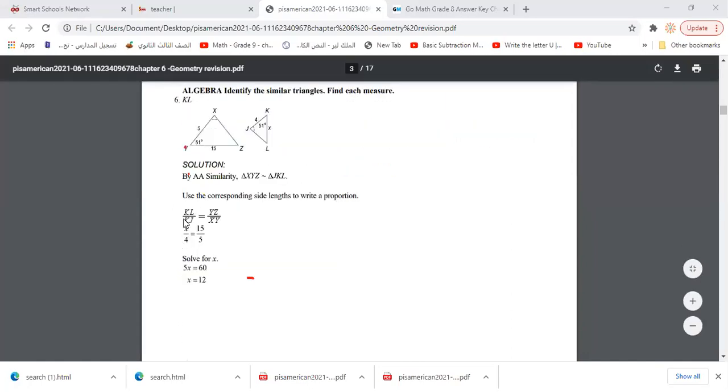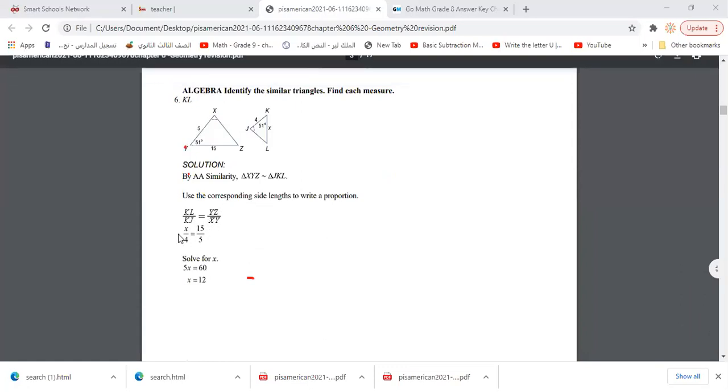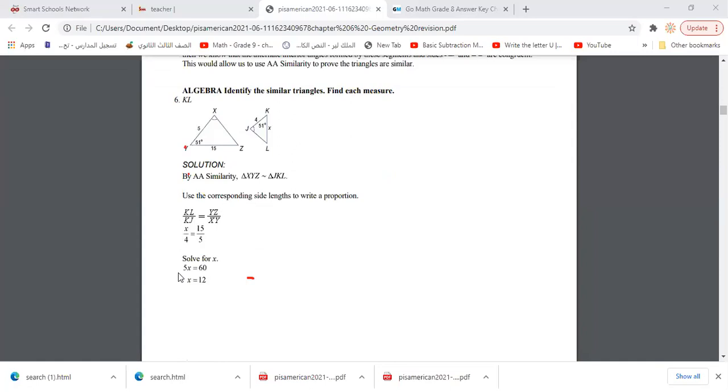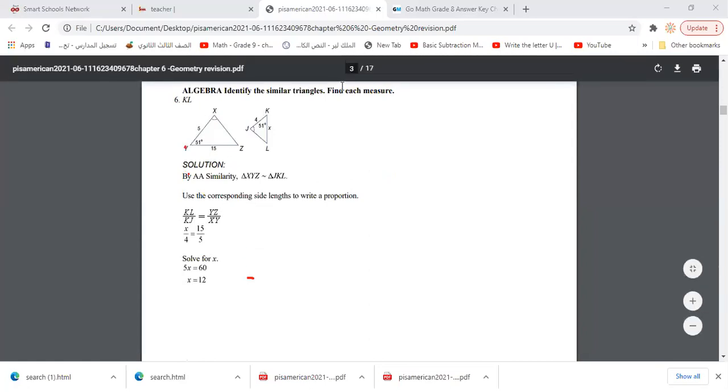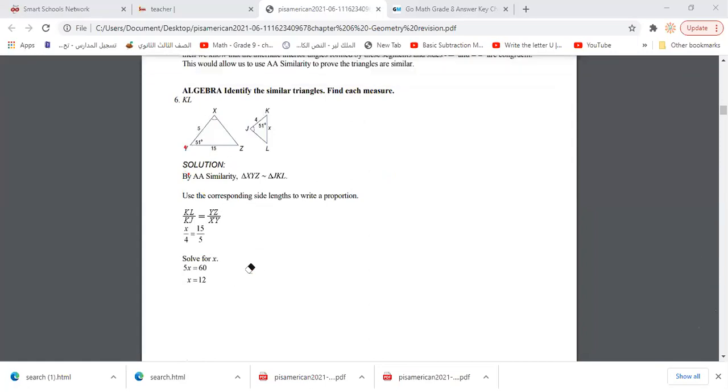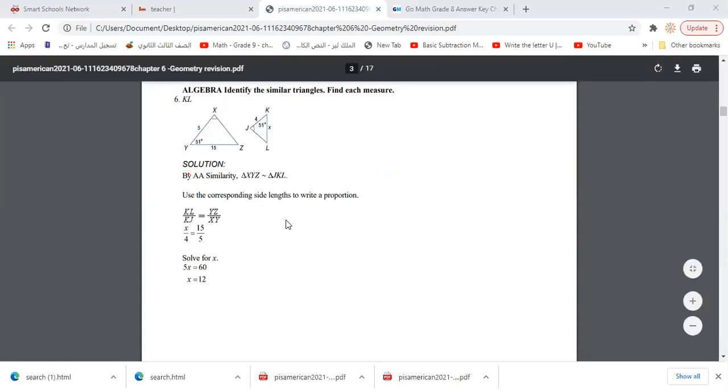KL over KJ equals YZ over XY, then X over 4 equals 15 over 5. Then you make the cross product: 5 times X equals 5X, 4 times 15 equals 60, and then you simplify to find the value of X. First we proved that the 2 triangles are similar by using angles, and then we used proportional sides.